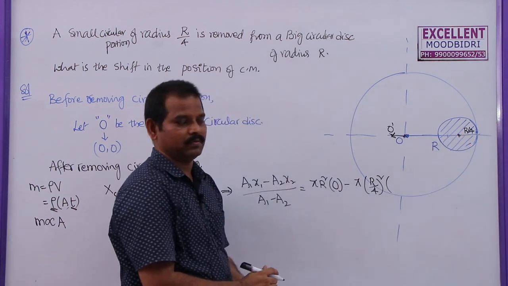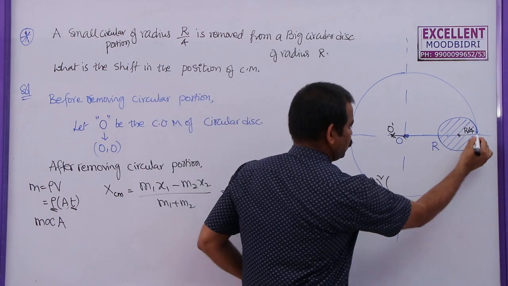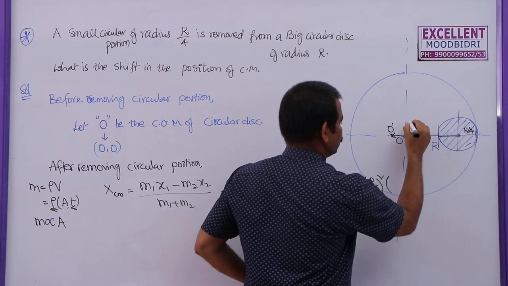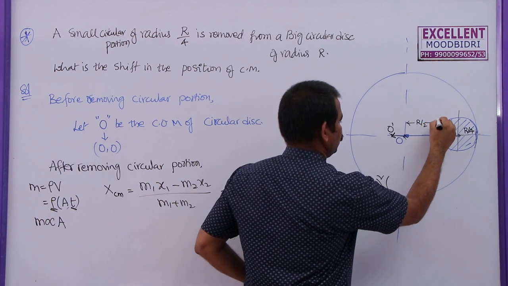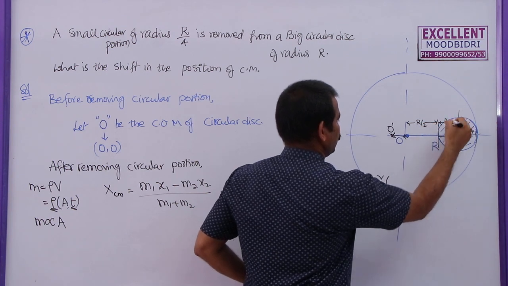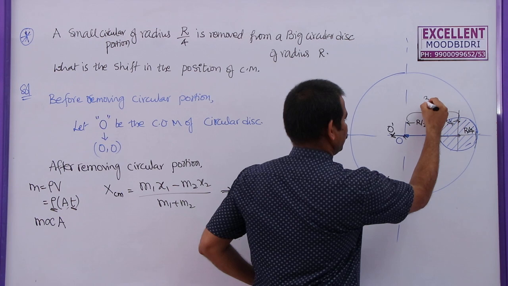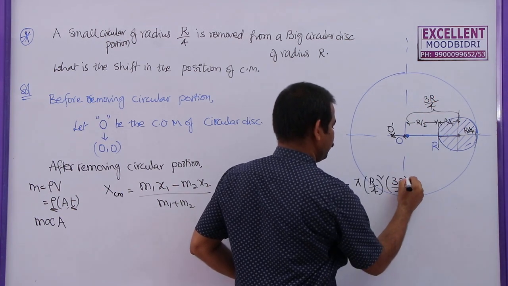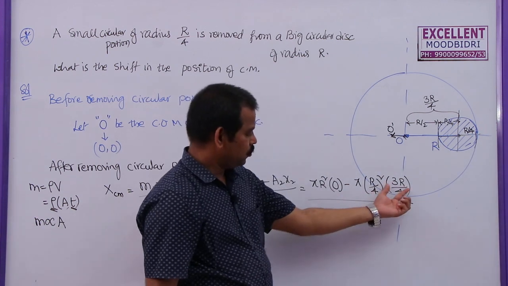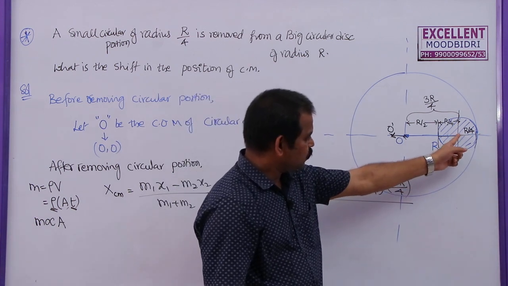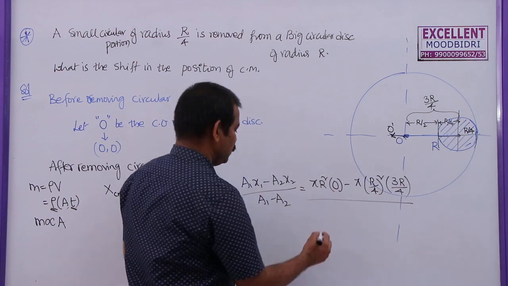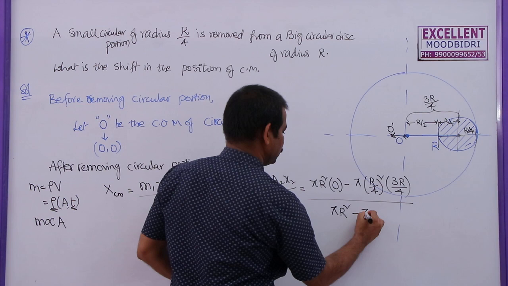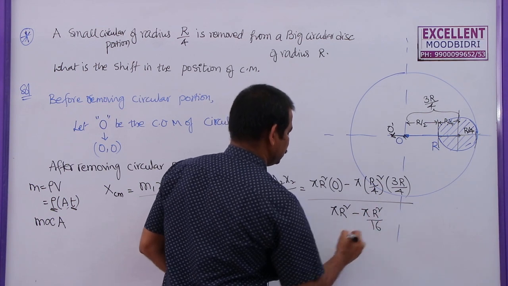From here to here this is r by 2, and this is another r by 4, so r by 2 plus r by 4, which together becomes 3r by 4. This is the center of mass of the small circular portion removed, divided by the total area, pi r square minus pi r square by 16.